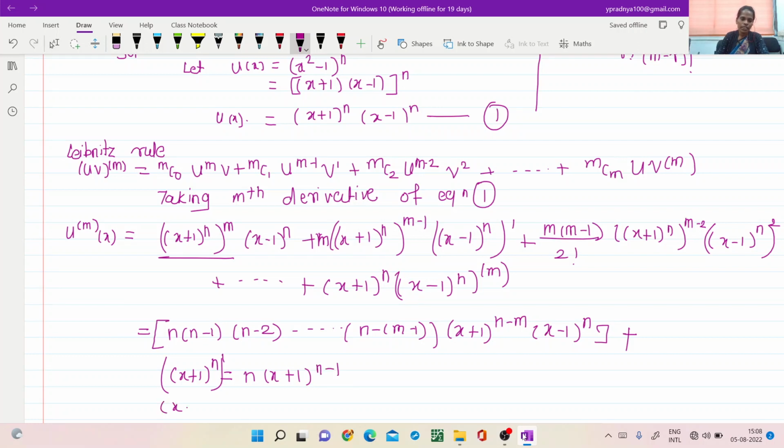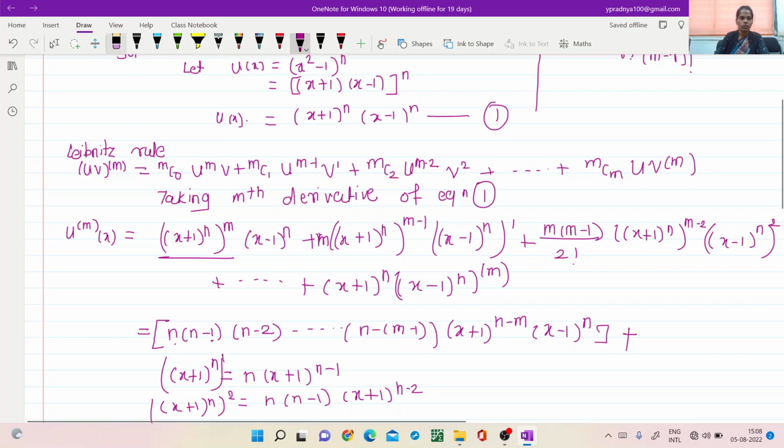Its second derivative will be n into (n minus 1) into (x plus 1) raised to (n minus 2). In a similar way, its mth derivative will be n, (n minus 1), (n minus 2) and so on, (n minus m plus 1) into (x plus 1) raised to (n minus m).